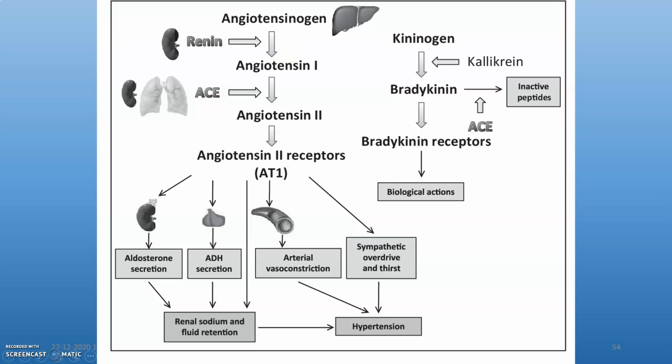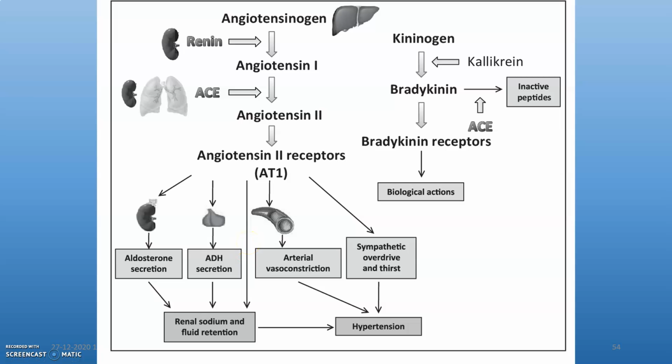So you can see angiotensinogen will be secreted by the liver. From the action of renin, it will be converted to angiotensin 1. From the ACE, that is from the lungs and also the kidney, it will be converted to angiotensin 2. Angiotensin will act on the receptors and cause vasoconstriction.